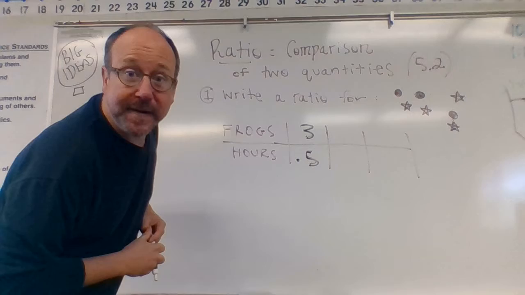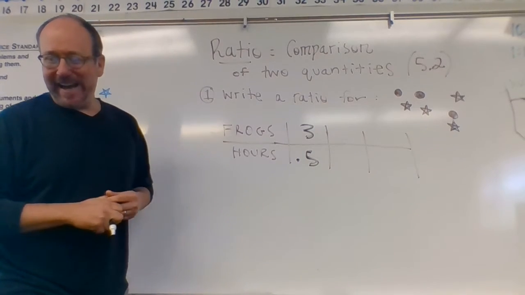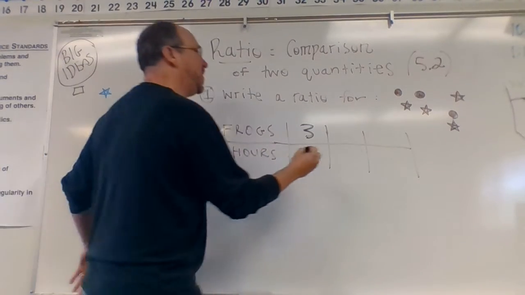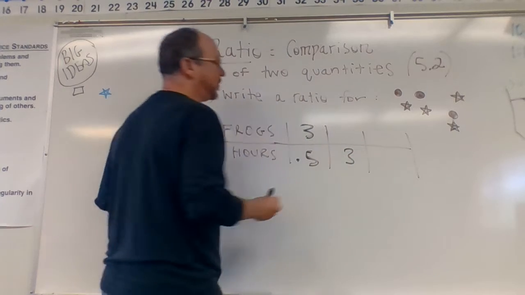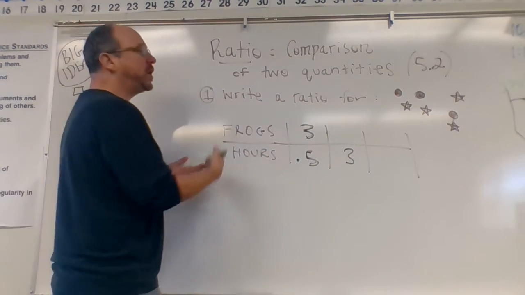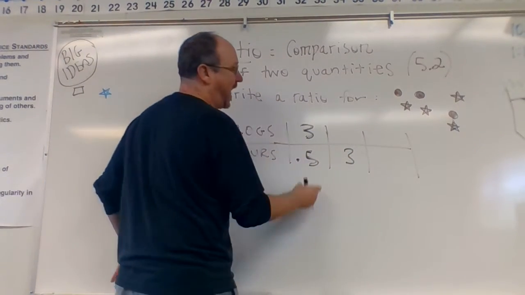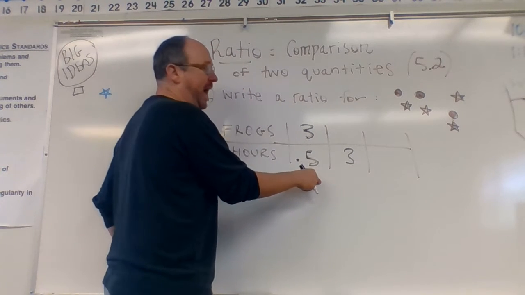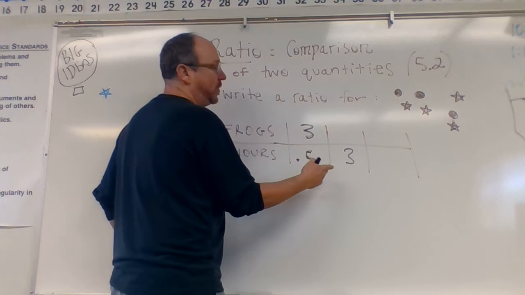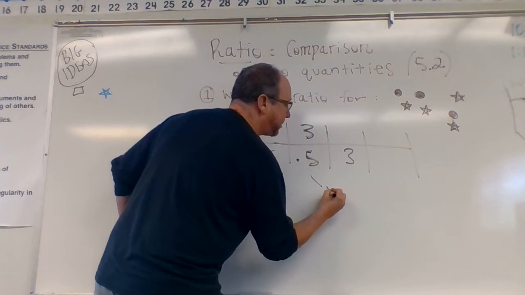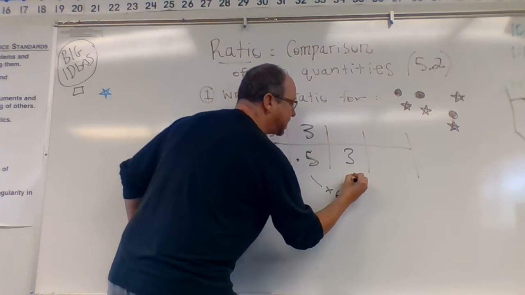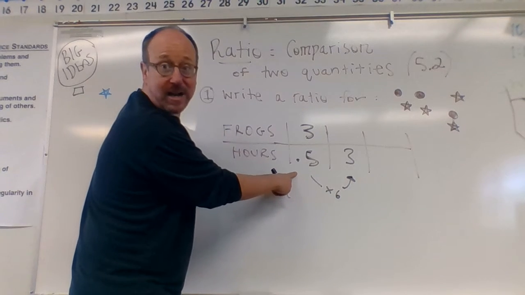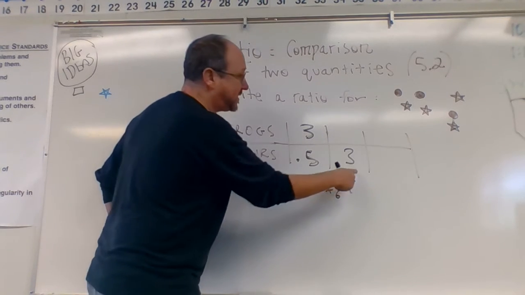Okay, good. And so if you wanted to know how many frogs in 3 hours, what you're looking at is a scale factor. How does this change? How many times greater is 3 than 1/2? So it would be times 6, because 0.5 times 6 is 3.